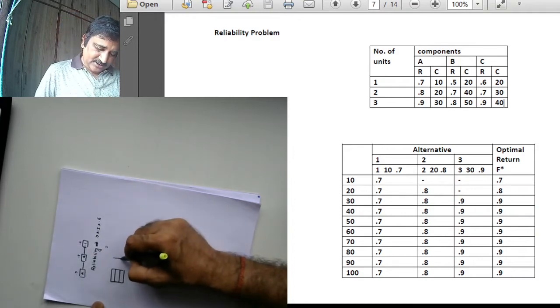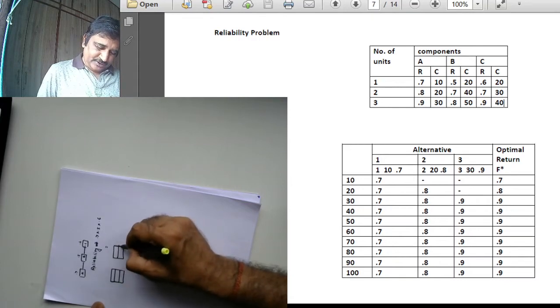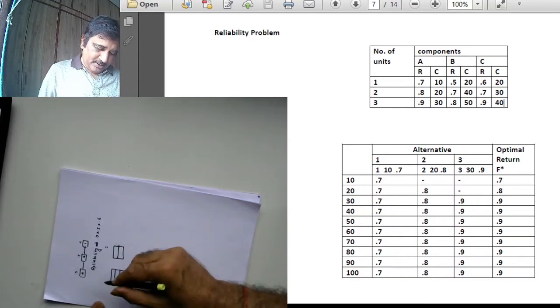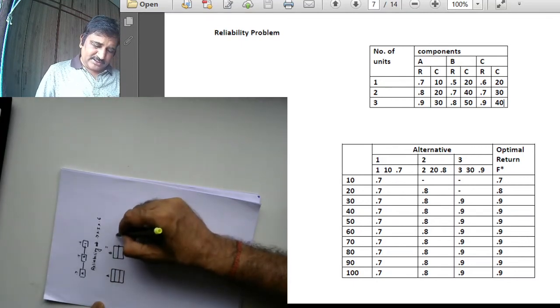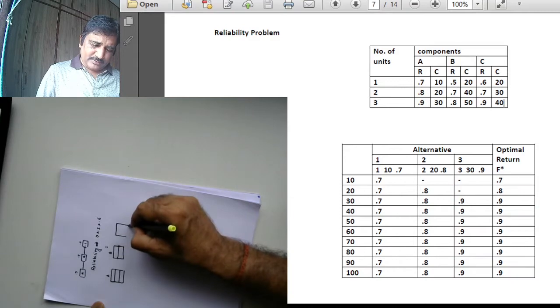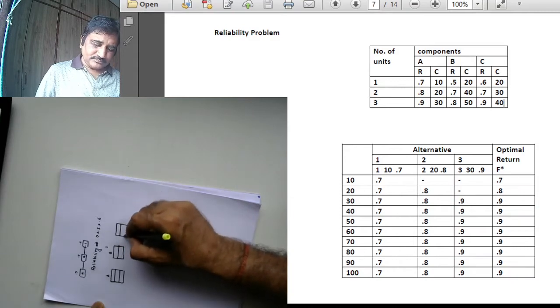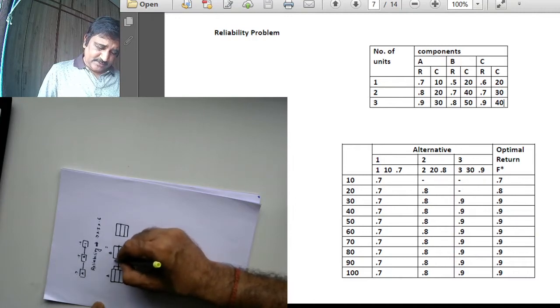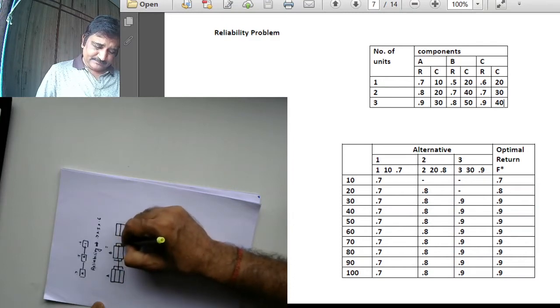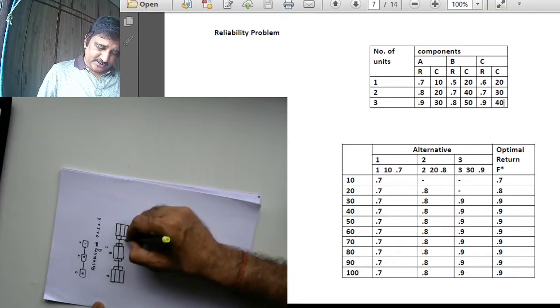So what happens, just look here. For example, say there is a 3 unit bank of component A, 2 unit bank of component B, and say 3 unit bank of component C. There is a logic by which these components will be coming in the circuit in sequence, right? It will be happening something like this.